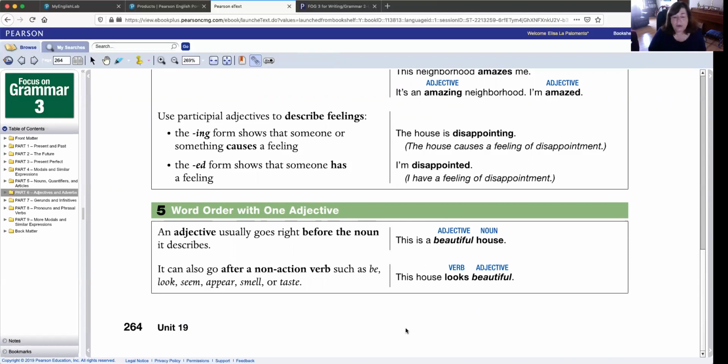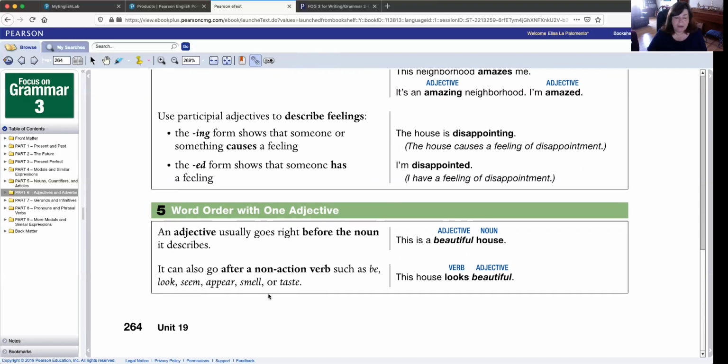But it can also go after a non-action verb such as the to be verb, the words look, seem, appear, smell, or taste. And we talked about these words before. This house looks beautiful. Okay, if I were to say, oh, I smell coffee, that is an action verb, okay?